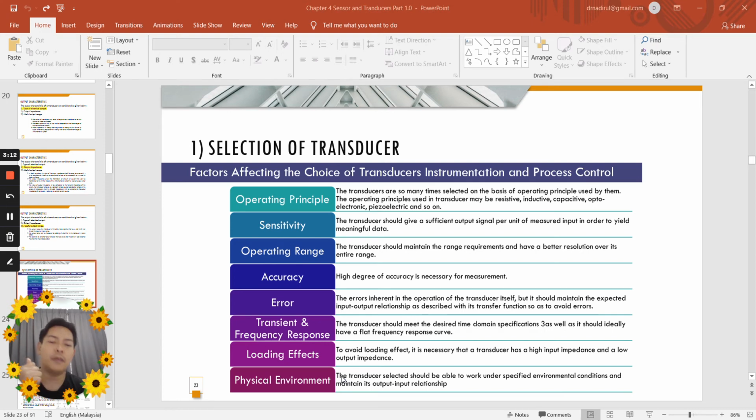In terms of physical environment, you must select transducers that are able to work under specific environmental conditions and maintain their output-input relationship so that they can give you meaningful data. So these are the factors you need to consider when choosing a transducer in the field of process instrumentation.